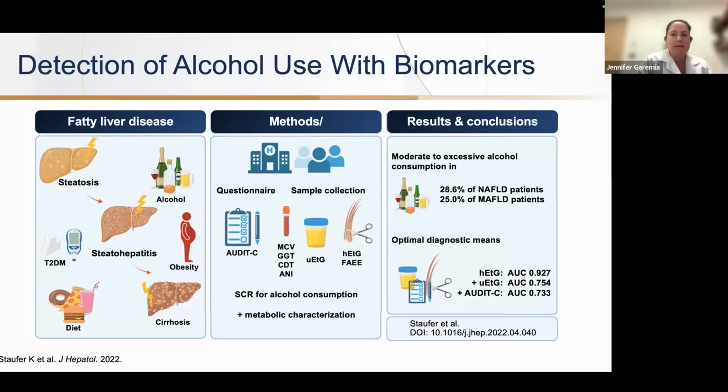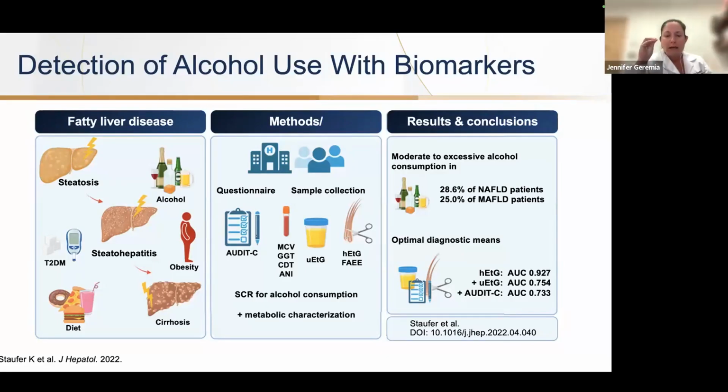So in this particular analysis, they looked at these metrics and how reliable they were as far as optimization of diagnostic means, right? And so what they found was about 28.6% of NAFLD patients were using moderate to excessive alcohol consumption.